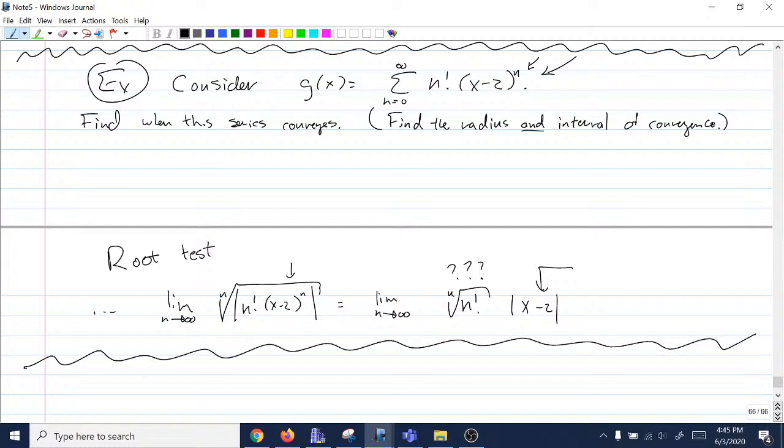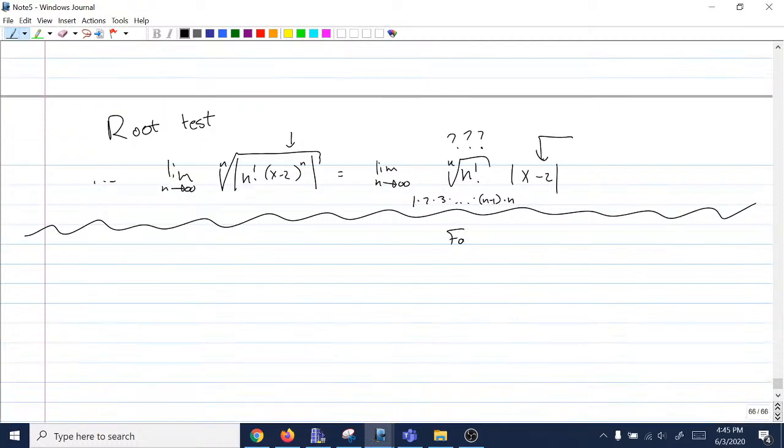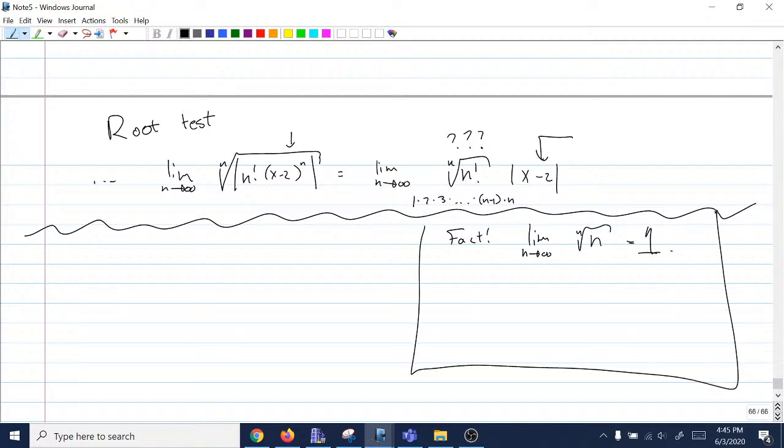The nth root of n goes to 1. Does this go to 1? This is 1 times 2 times 3 times ... times n minus 1 times n. Hey, this is a fact I should have said. You're allowed to use this fact without argument: the limit as n goes to infinity of the nth root of n is 1. You've probably seen how to do that limit in a Cal 1 class.